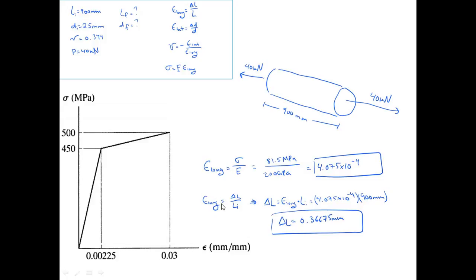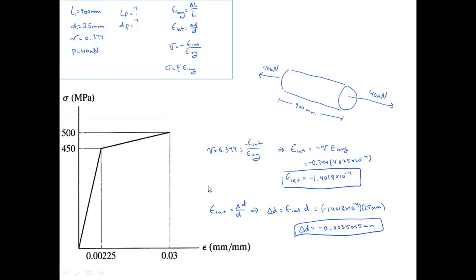After I found my normal strain longitudinal, longitudinal just means it's along the length. Normal strain lateral typically indicates a change in diameter, a change in width. Width is the way that I like to think of it. So we found delta L, we know what the longitudinal normal strain is. What we want to do now is find normal strain lateral, and we use Poisson's ratio here.